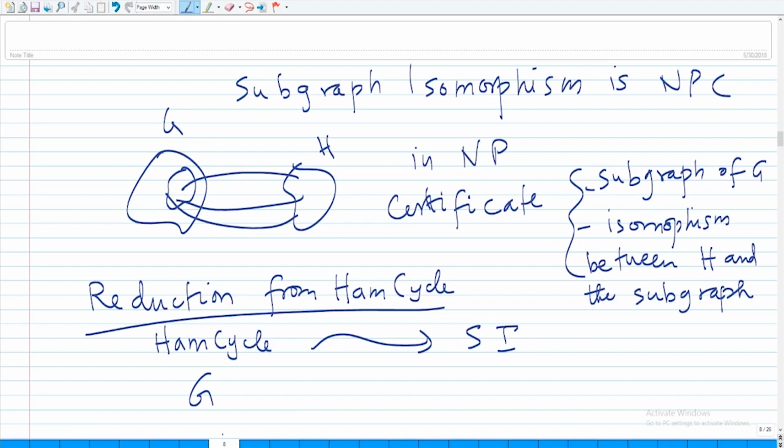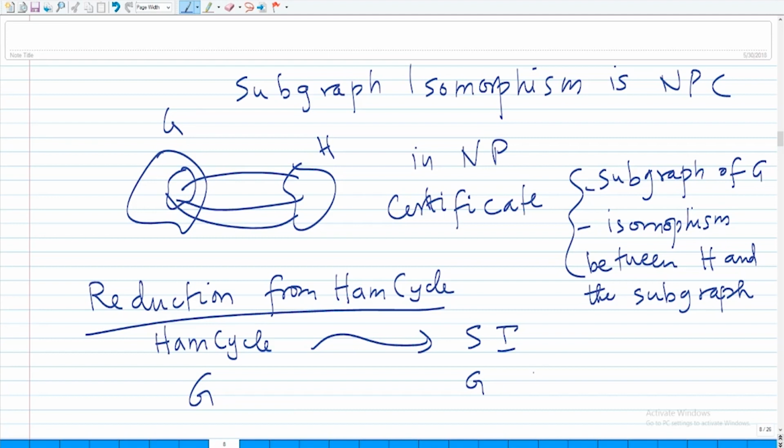Cycle on n vertices. I have to produce G and H from this G, right? That is the function. You are mapping from this G a G and a H. So, the same G I am going to use for this here, and what is my H? A cycle on n vertices. That's exactly what you said. I don't know why you don't see it as a reduction.